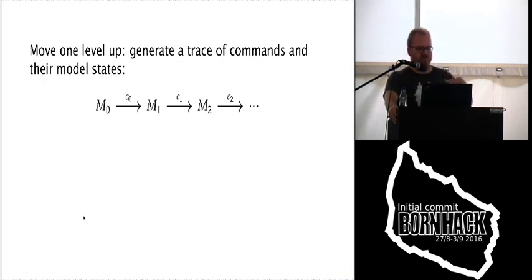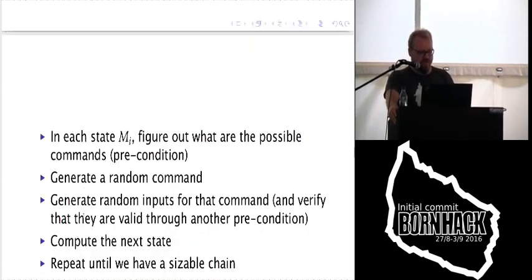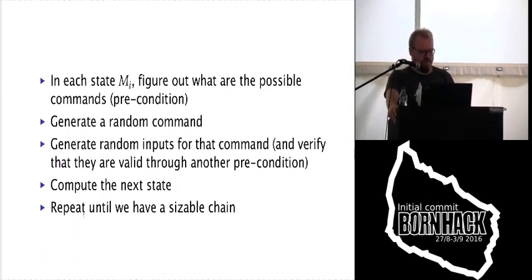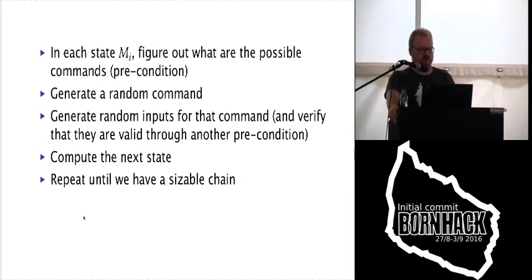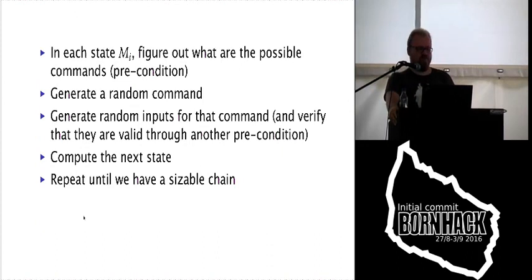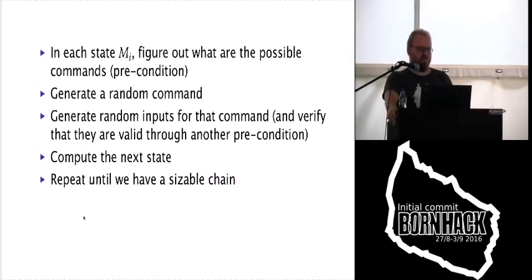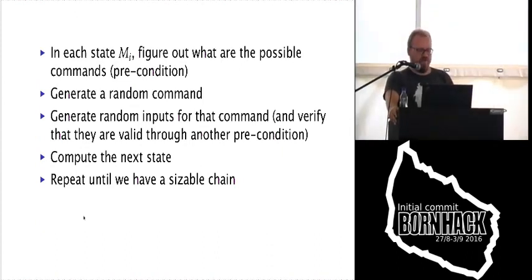So now I have a trace, a state model trace, a state chain that I have built up. So essentially what you do is you generate a random command, you generate inputs for that command, then you re-verify another precondition that the inputs are also valid, because there are certain situations where given a command, given certain inputs, they're not valid.